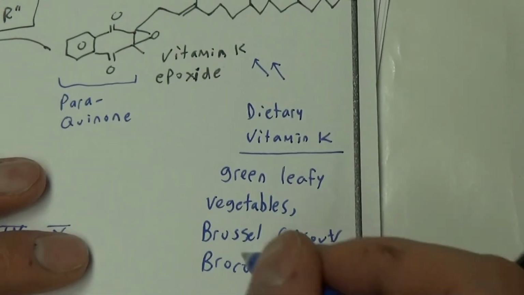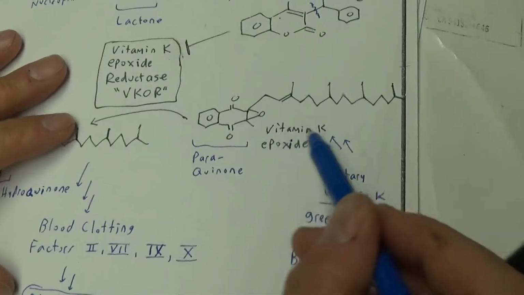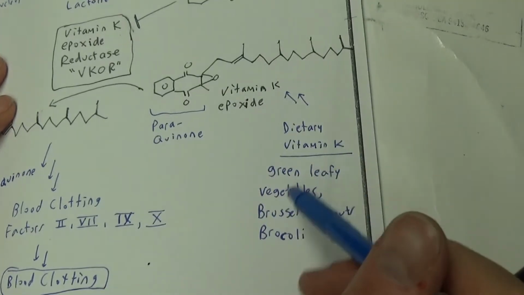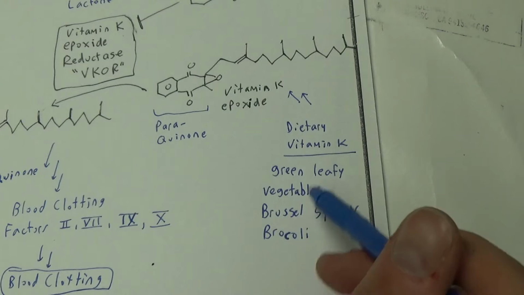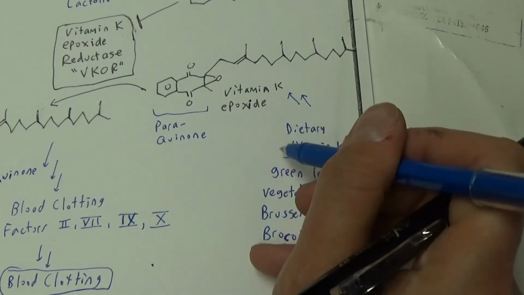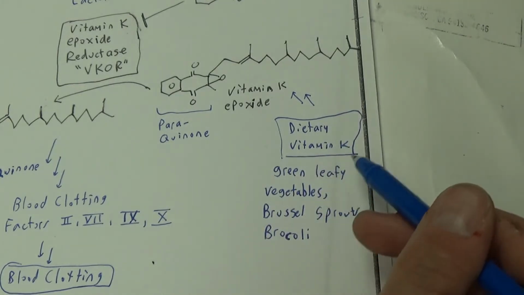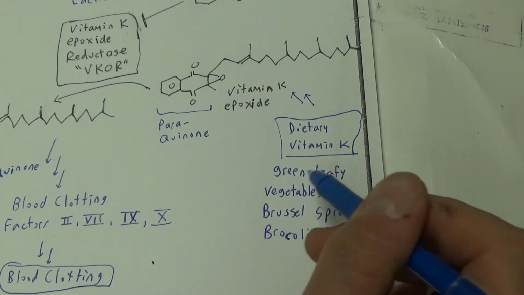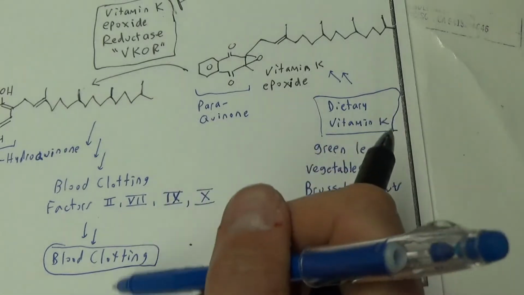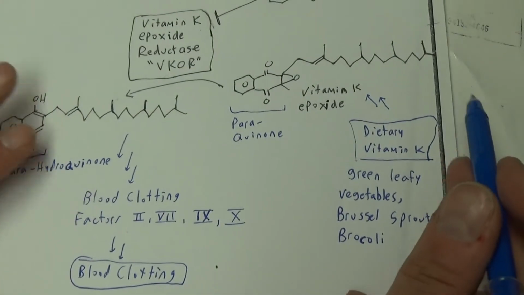People that are on blood thinners, in addition to taking a drug like Warfarin, often have dietary restrictions against some of these vegetables, which sadly are healthy in other regards, and everything's taken in moderation. But somebody should probably avoid lots of food with vitamin K in it to help prevent blood clotting from occurring, so their blood stays thin.